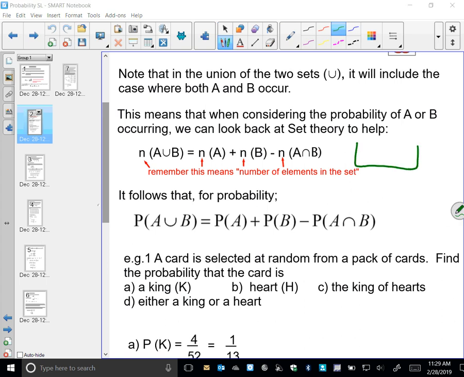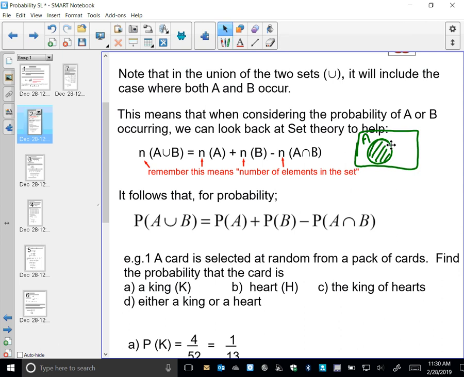Because if this was our A, we've included how many are in there, and then we're doing B, and all of those in there, obviously I've done that bit twice. Yeah, so that's why you've got to make sure you subtract that. Okay, we good with that? So obviously, if that's the number of things, then it follows that the probability of the union is going to be the probability of A plus the probability of B, subtract the probability of them both happening. You get given this, so you don't need to learn it.